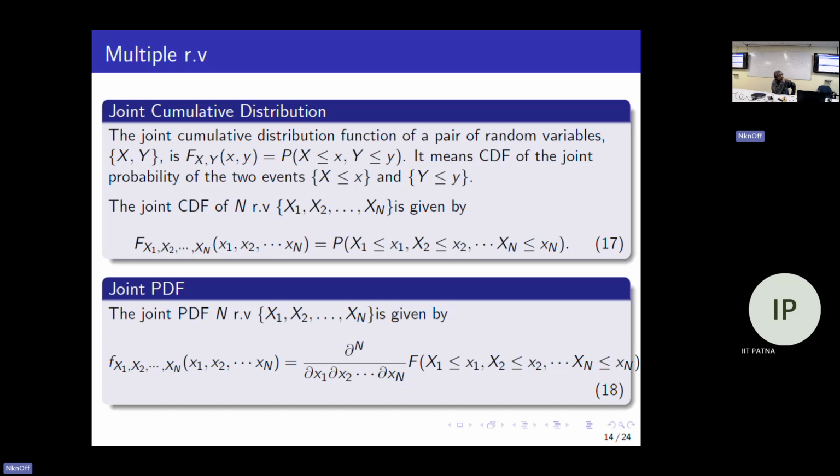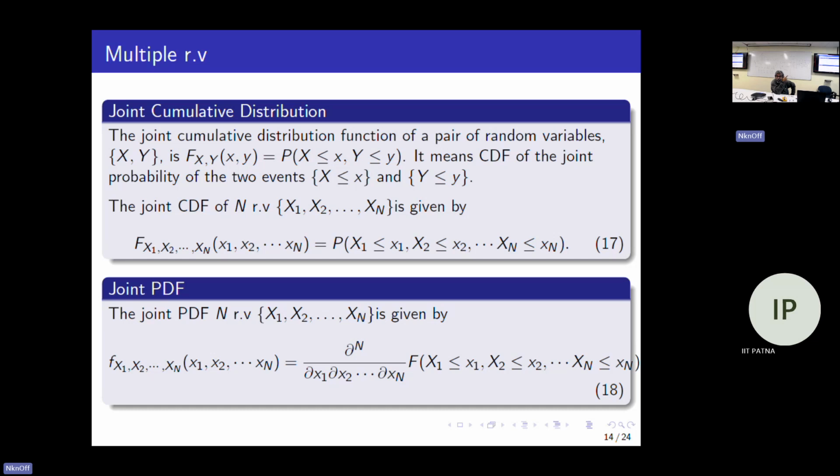Okay. So for n number of variables, we could write F of x1, x2, dot, dot, xn equals probability of X1 less than small x1, X2 less than small x2, and capital Xn less than small xn. So that's all, right? So this is the joint CDF.